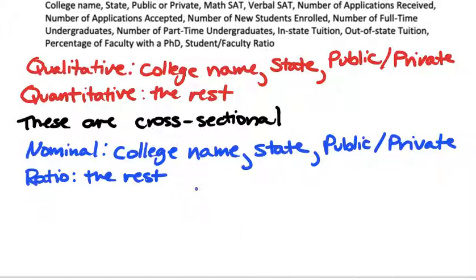Student-faculty ratio could be 0 if there were no students. Again, it doesn't have to practically be able to be 0, but just to have a value of 0 makes sense. I was a little bit curious about the SAT scores, since I didn't think that you could have an SAT score of 0, but I looked it up, and in fact, if you don't answer any questions, then your SAT score will be 0, and so that would also be considered a ratio type.